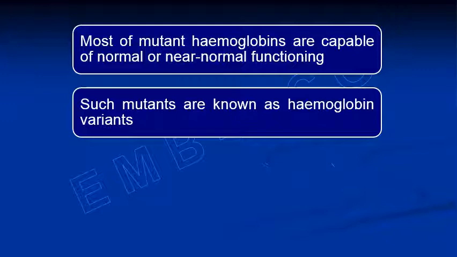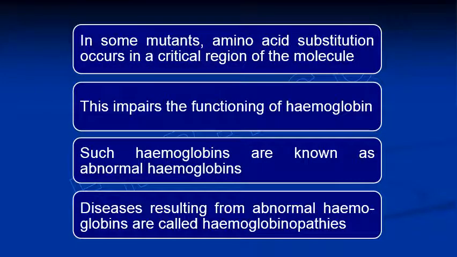Now, in those cases where the mutation has resulted in impairment of the function of hemoglobin, maybe because the mutation has taken place in an important amino acid, and the hemoglobin has lost its functioning ability, only then will we call it abnormal hemoglobin. You see, a mutation can take place in a critical region, so this may impair the hemoglobin function.